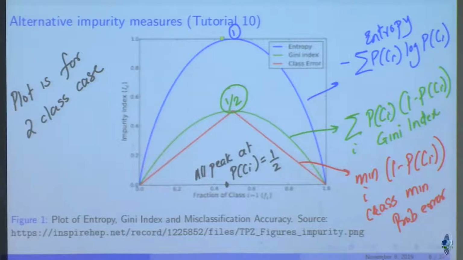So there is this region of flattening out around half. You can pick any of them, but Gini index is one of the most preferred. It gets you the advantages of both worlds, entropy as well as class min probability error.